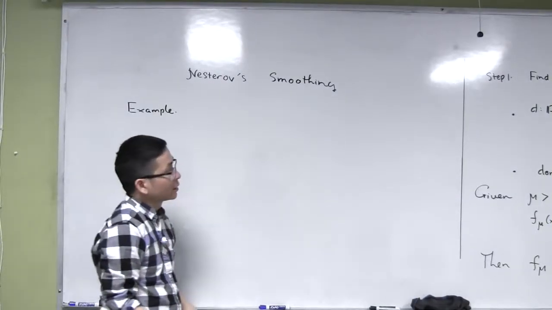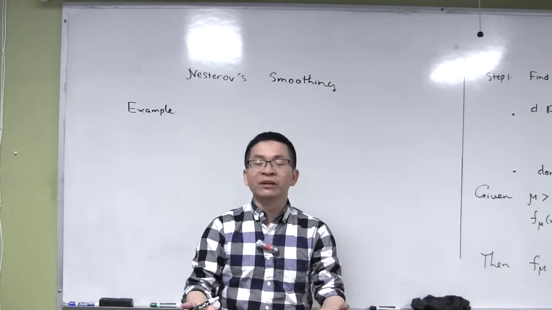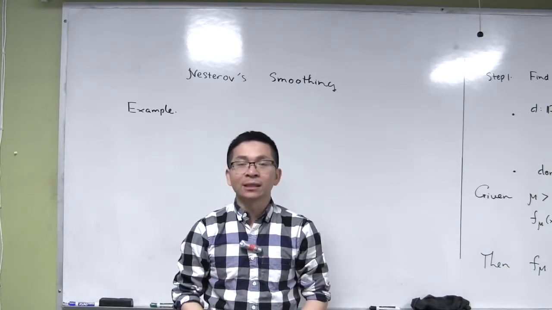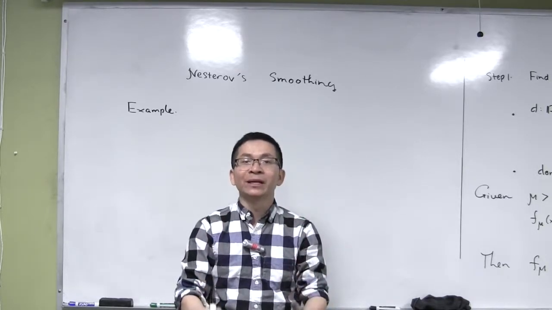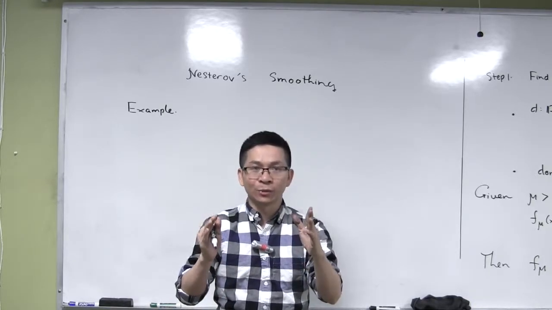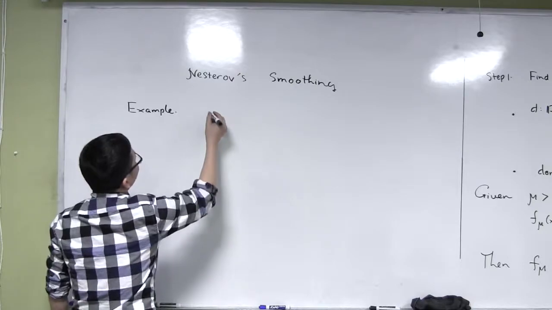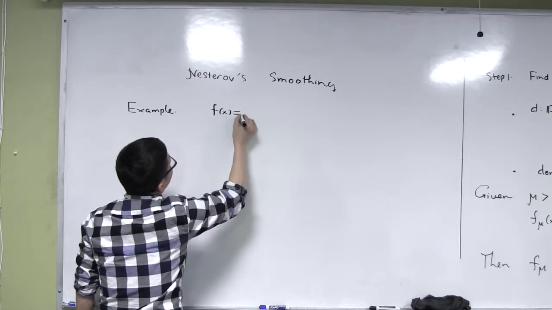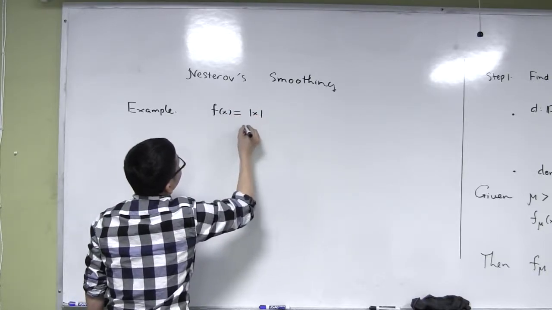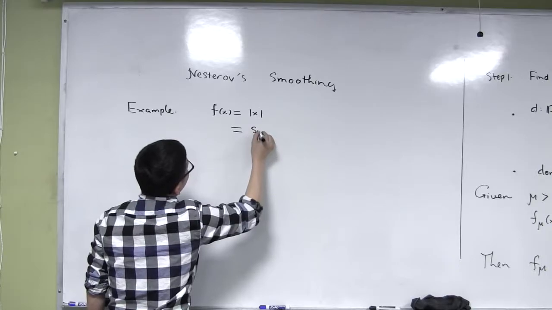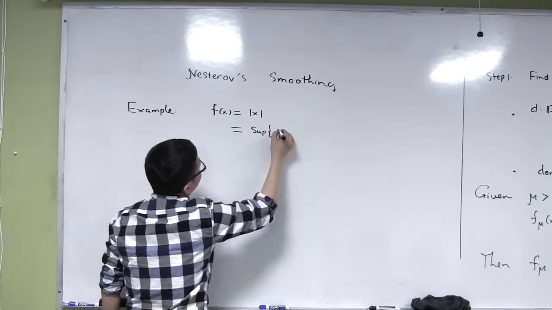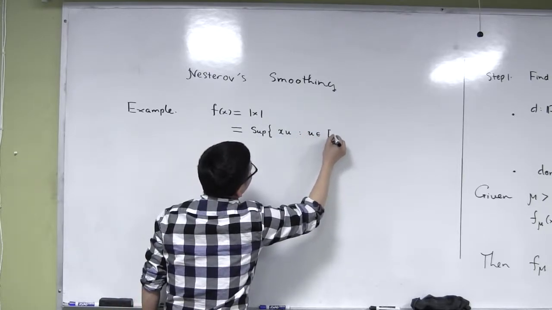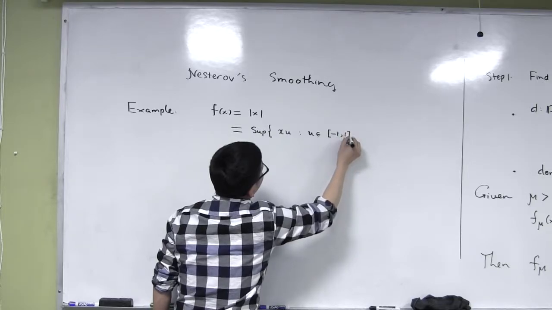To illustrate the first step, I'm going through a very simple example. The example under consideration is the absolute value function. How can you make the absolute value function smooth? In this situation, f of x is the absolute value of x. And as you can see from my previous lecture, f of x can be written as x times u, where u runs in the interval [-1, 1].